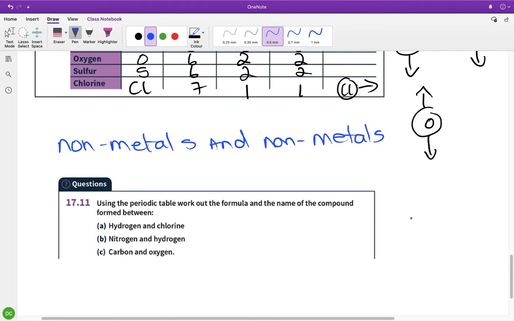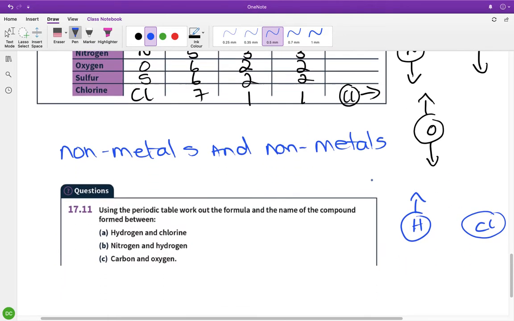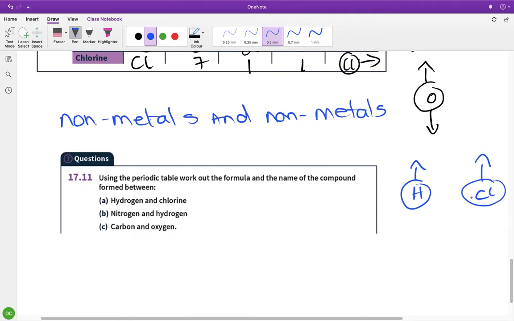It needs 1 electron to fill its outer shell, so hydrogen has a combining power of 1. Chlorine, 7, so it just needs 1. So it's also got a combining power of 1. If you take that chlorine and put it here, it'll fill what the hydrogen needs. So we need 1 hydrogen to 1 chlorine. So it becomes HCl, which is hydrogen chloride.